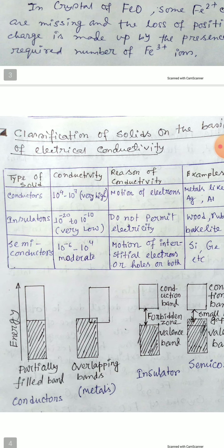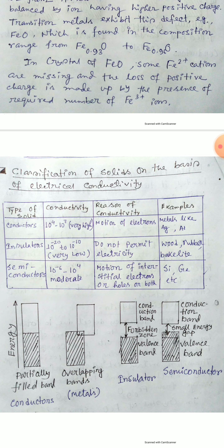Now, this is the band theory for conductors, insulators, and semiconductors. You can see the figure given here. For a conductor, the bands are partially filled.